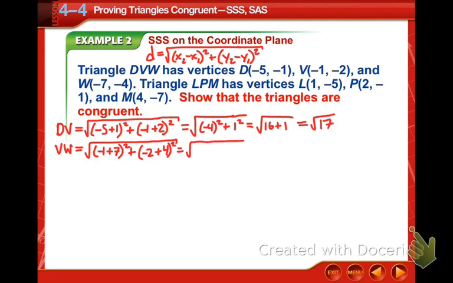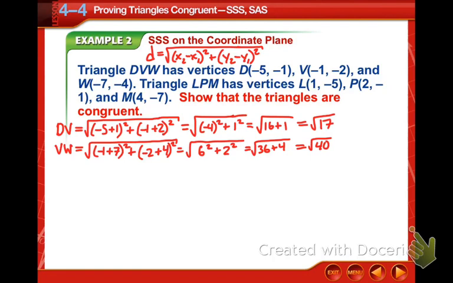Negative 1 plus 7 is 6. And negative 2 plus 4 is 2. Six squared is 36. And 2 squared is 4. And we end up getting the square root of 40. And just like with the square root of 17, we're going to leave it there. If we get another square root of 40 later, then we're good.